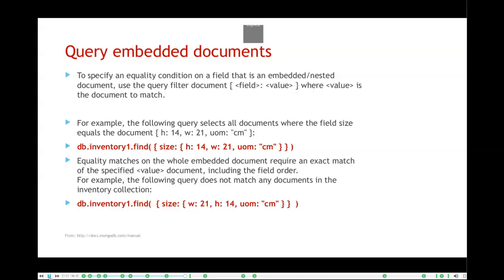Now, last lecture we explained retrieving the documents based on a condition on the field and the main field, and we used different operators, like AND and the comparison operators, greater than and less than.